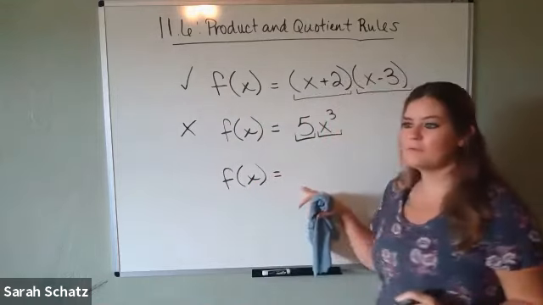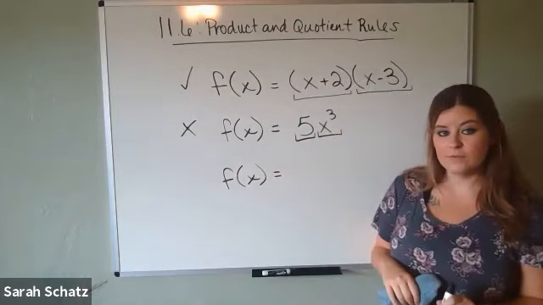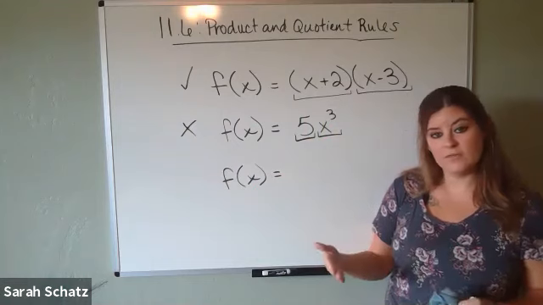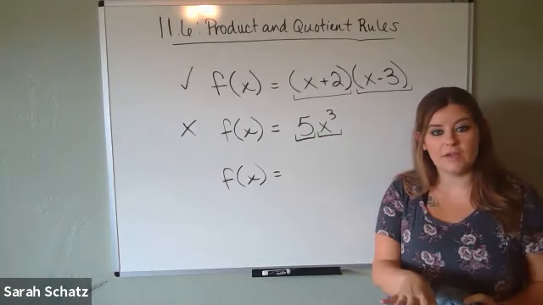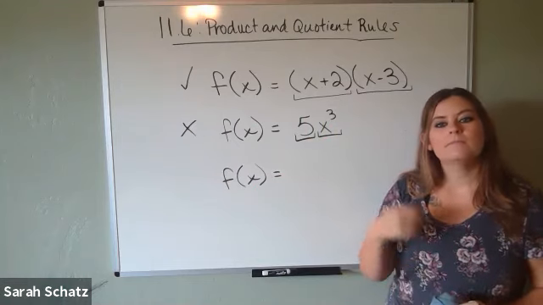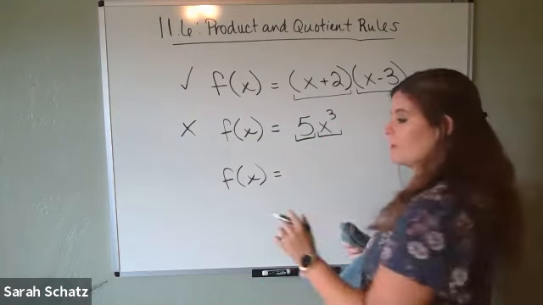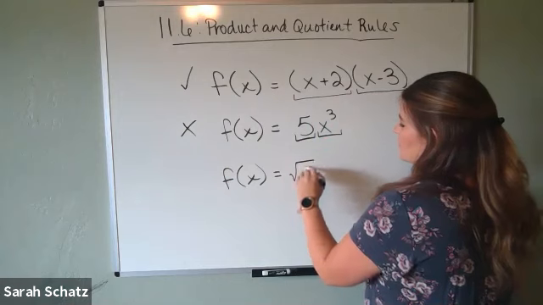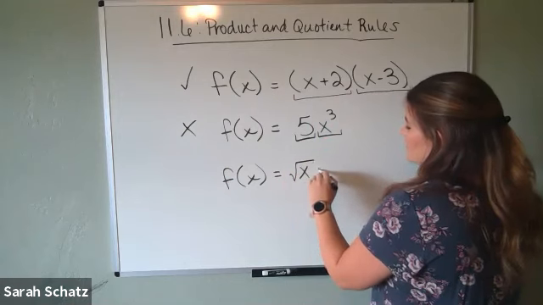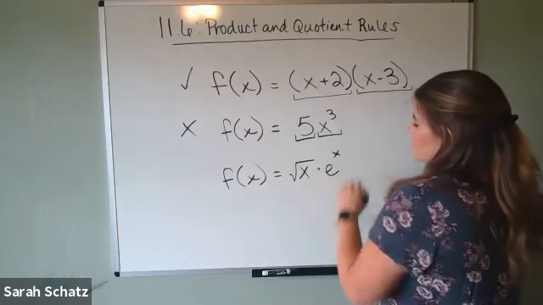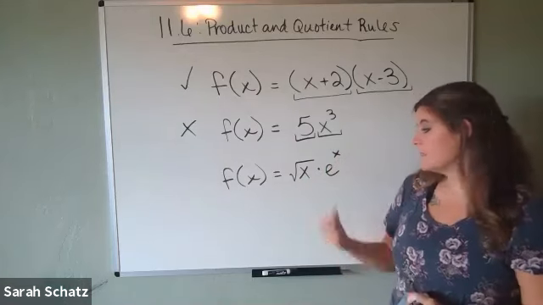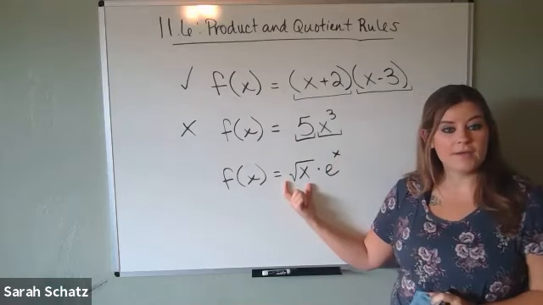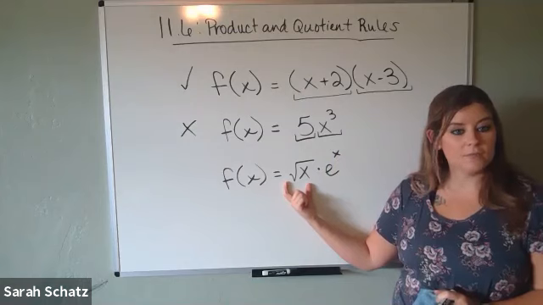This next one I'm going to write, we actually don't have enough info. I haven't taught you enough yet to actually take the derivative of this, but I'm going to write it anyway for example's sake. So maybe I have like the square root of x times e to the x, for example. I could deal with this. You guys know how to deal with this because we turn it into a power, right?